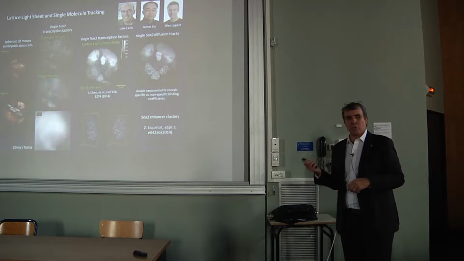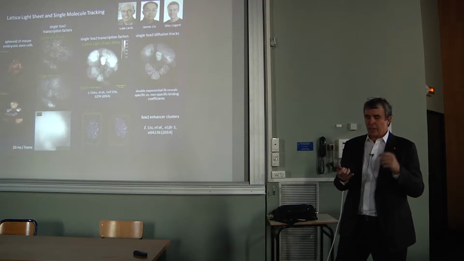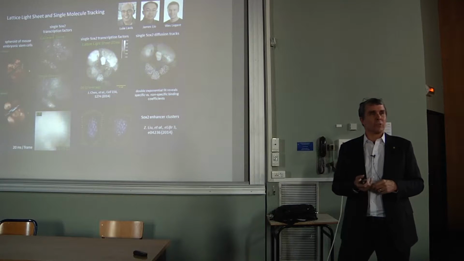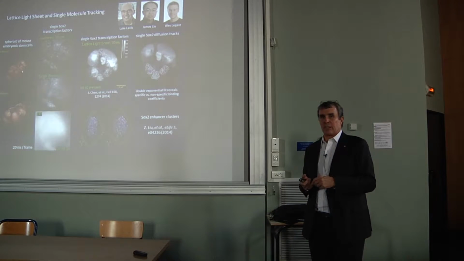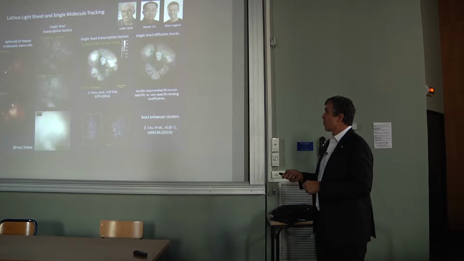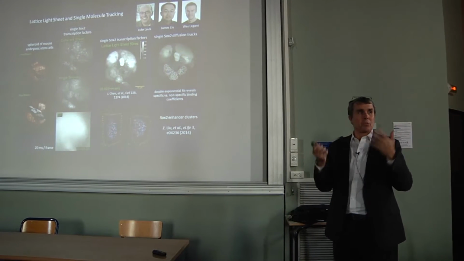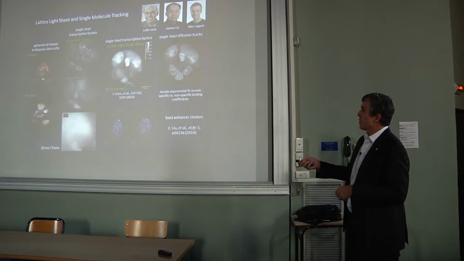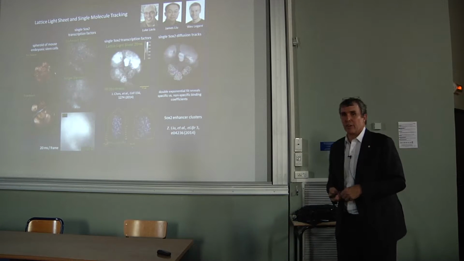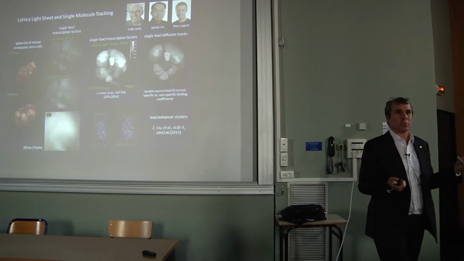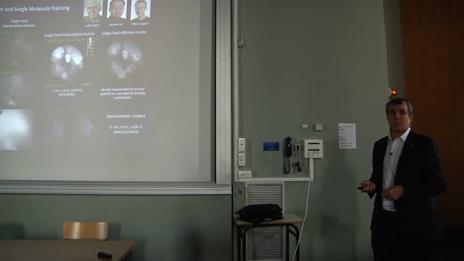So that's where we brought to play one of the technologies I'll go into more detail later, which we call lattice light sheet microscopy. Normally when you do single molecule experiments, you illuminate the entire sample with wide field light. Here you can see a spheroid about 35 microns big of embryonic stem cells.